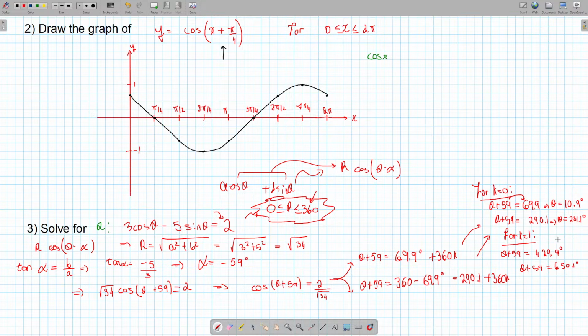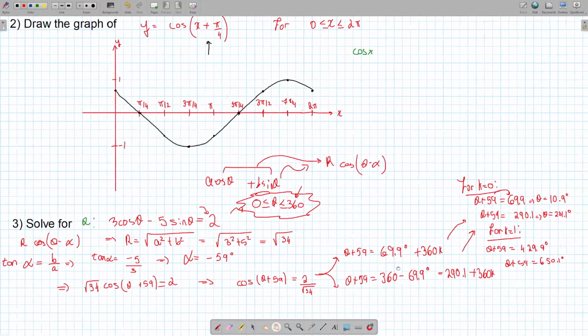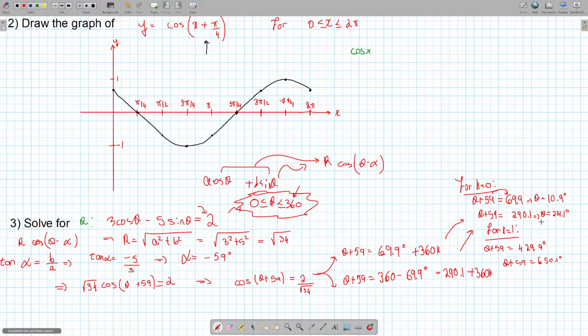Here take 59 to the other side. You're going to get theta is equal to 429.9 minus 59, which is 370.9, but this is greater than 360.